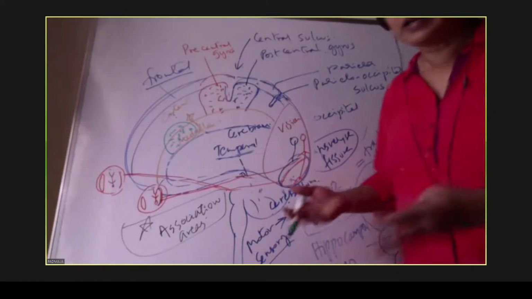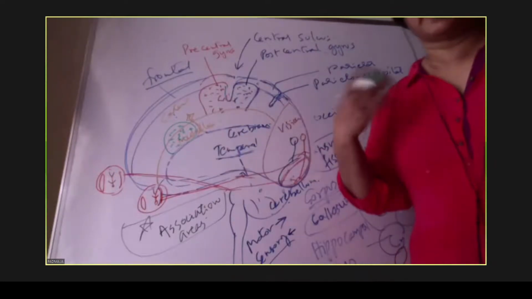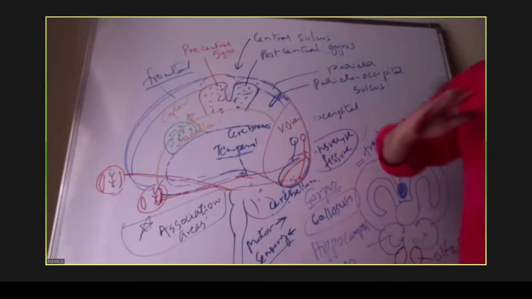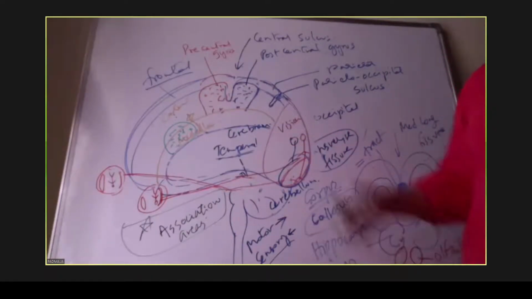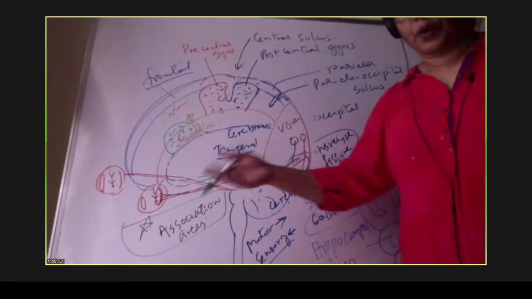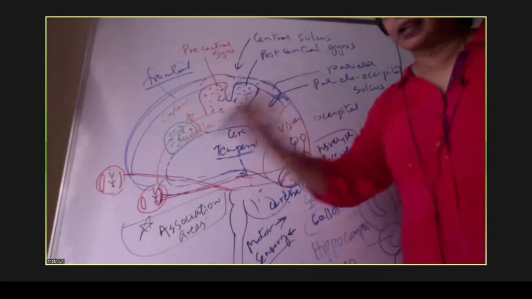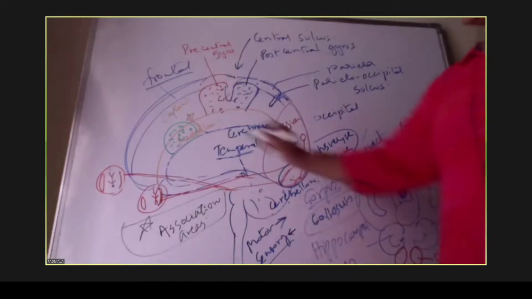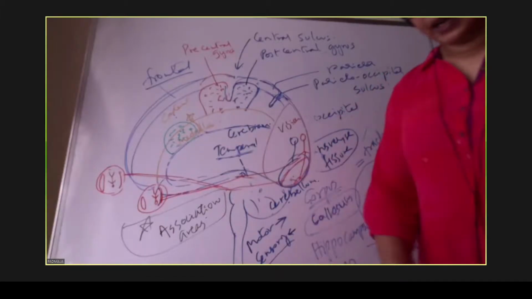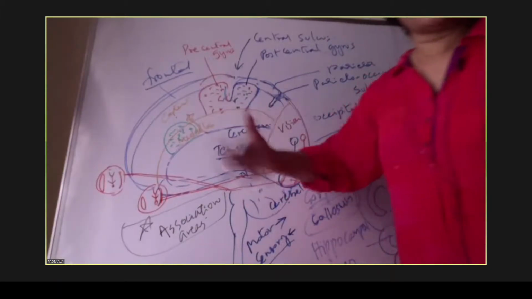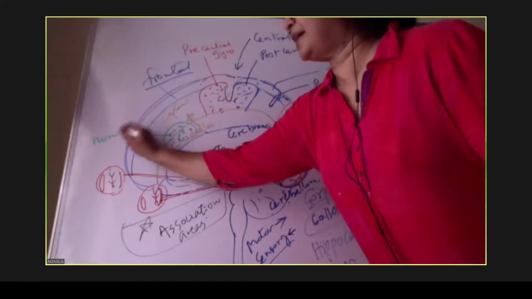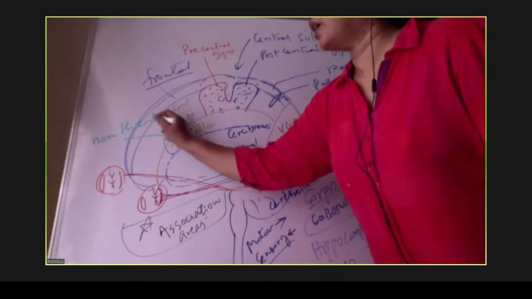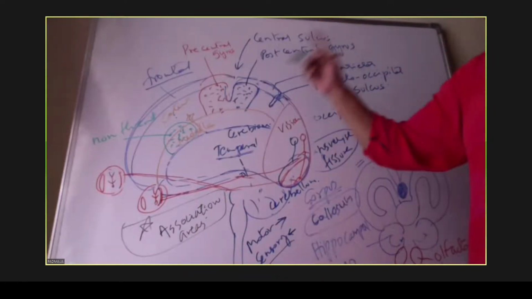You feel it, but you can't bring exact words or sentences to communicate. So when Broca's area is damaged, the condition is called non-fluent aphasia.